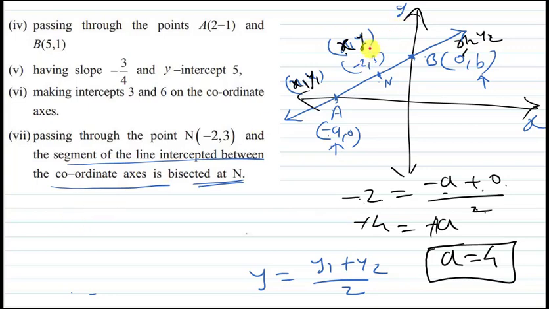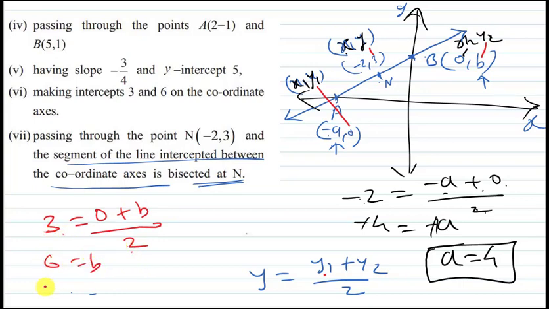What is the value of y? 3. What is the value of y1? 0. What is the value of y2? b, upon 2. This 2 I will take to the left-hand side. I will get 3 into 2, 6, equals b. That means the value of b, that is the value of the y-intercept, is 6 for this line.